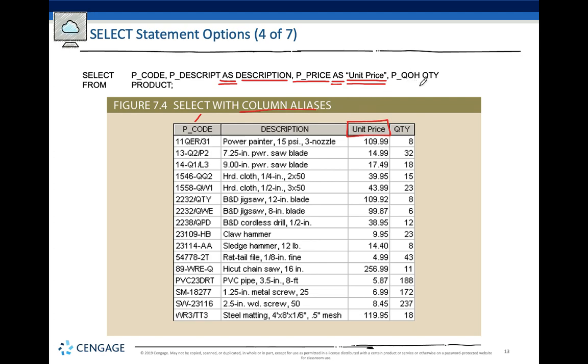The third way of specifying the column alias is to simply put a space between the actual column name and the desired alias. So this labels QOH or quantity on hand as simply QTY. This labels P descript as description.